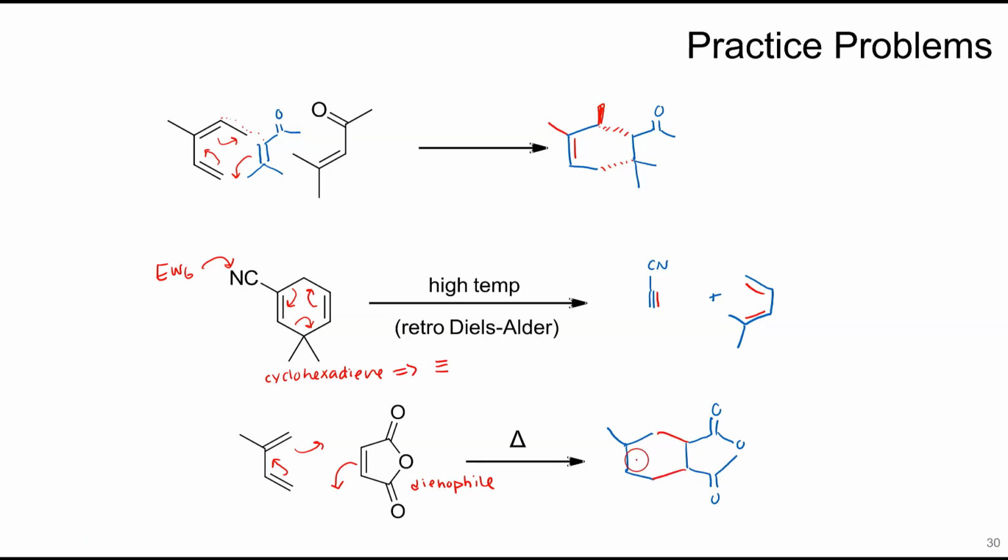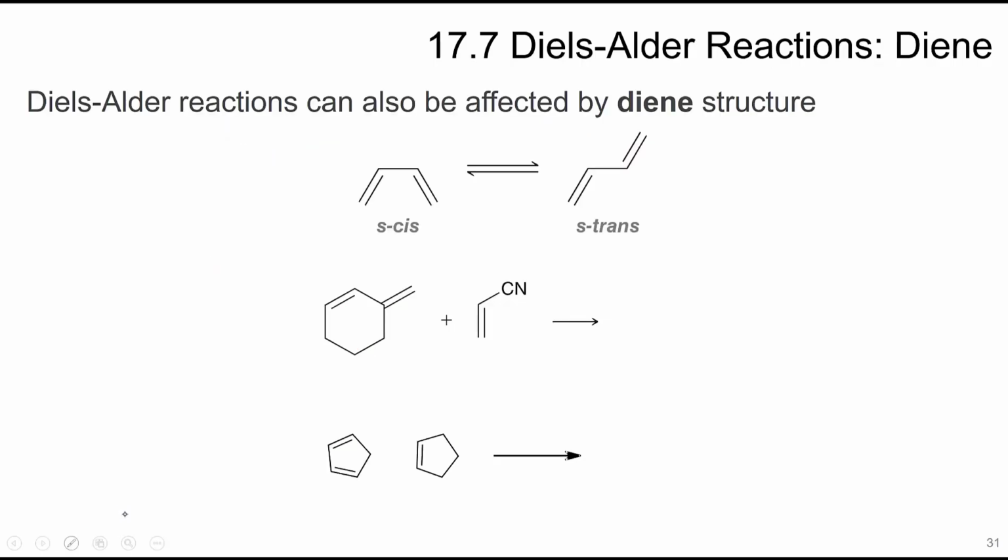I will still form cyclohexene. Diels-Alder can be affected by diene structure. If you recall from the beginning of the chapter, we had S-cis and S-trans conformations. If you have the S-trans, we have no reaction. In the S-cis, we do see a reaction.